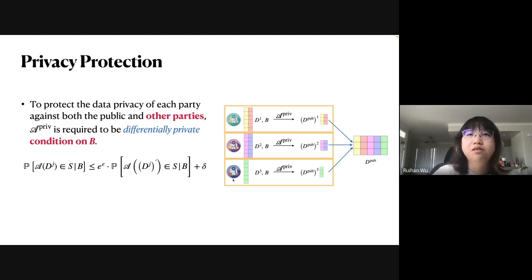And all parties know this B. So we want that this B won't contribute to the DP algorithm. But this B might be helpful for the utility, and we will see it later.